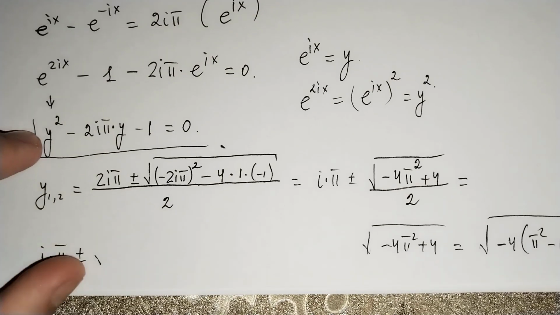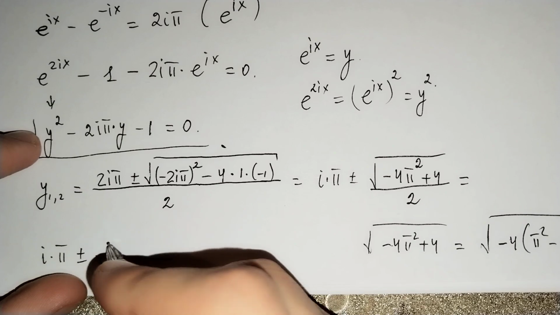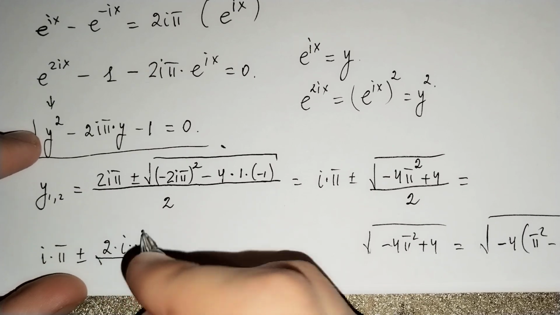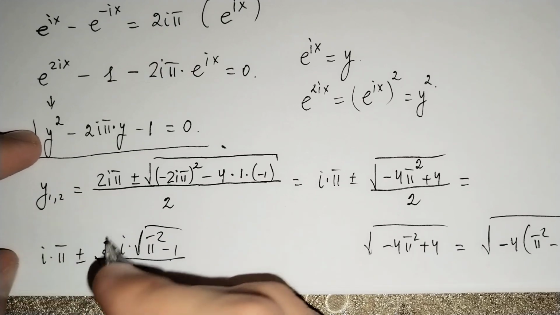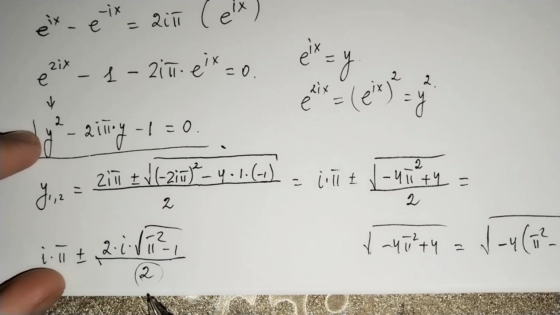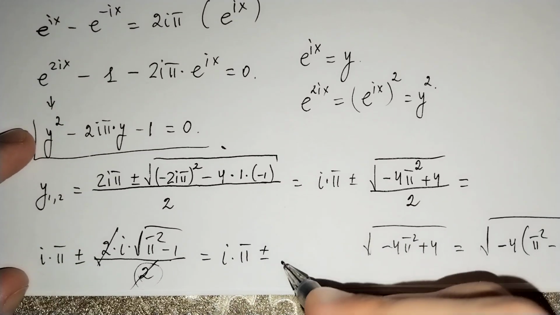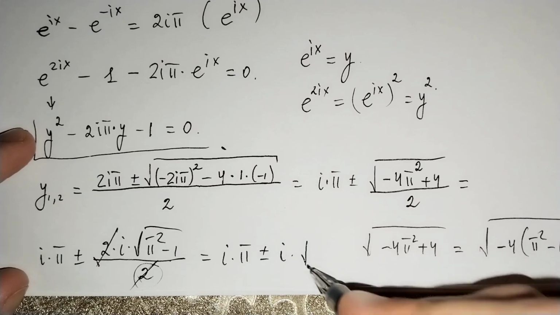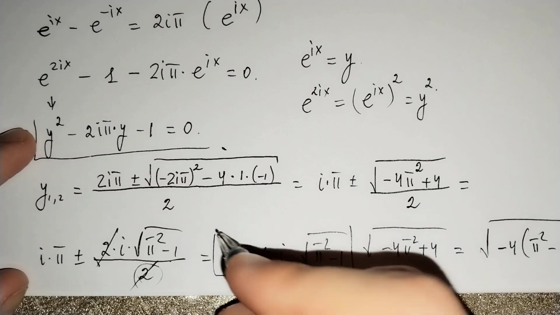So i times pi plus minus 2 times i times the square root of pi squared minus 1 over 2, and 2 and 2 are the same, that's why we may cancel it, and it gives i times pi plus minus i times the square root of pi squared minus 1. This is our y.